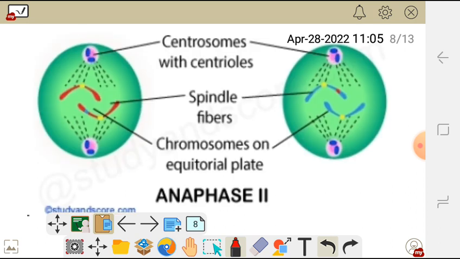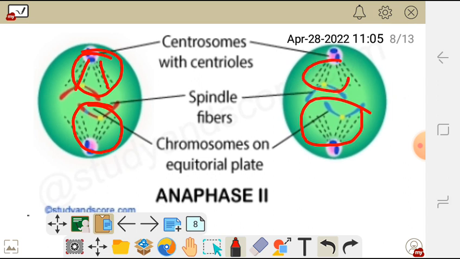They pull the sister chromatids to the opposite poles of the cell. As you can see here, the sister chromatids are being pulled to the opposite poles by the contracting spindle fibers. That's what happens under Anaphase 2.